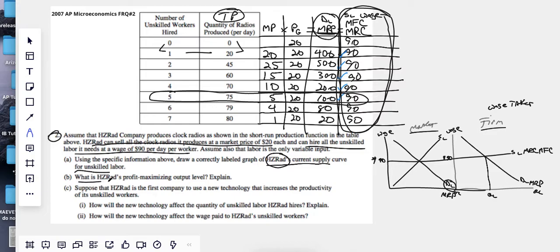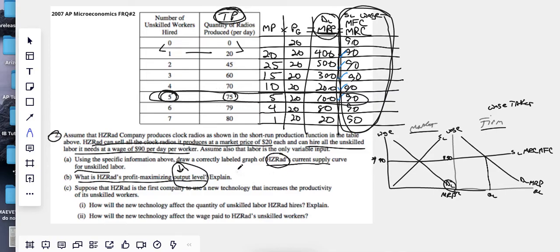What is Hazrad's profit maximizing output level? Tricky, right? If you do a lot of these, you get used to answering how many workers would you hire, and then you read this, and the first thing you think about is, oh, they're going to hire 5 people, but they're asking about output level, the jerks. So we know that they will produce 75. That is their output or their total product with 5 workers.